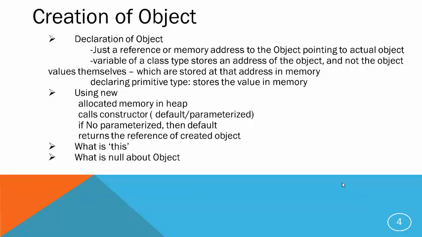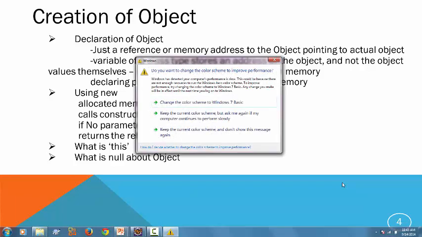Creation of an object is very much required. Why do we do that? Without creating the object you cannot access the elements of your class. There is an exceptional case: if your class has variables or methods marked as static, you can access those. Otherwise you cannot access any element of your class, variable or method, unless you create the object.